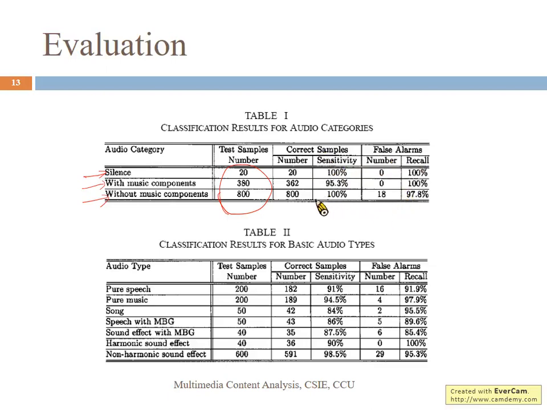But basically, you can just take these values as a reference, because the accuracy for different audio signals may be very content dependent. That means if you try different audio, different data sets, then the experimental result may be totally different. So this is just for your reference.